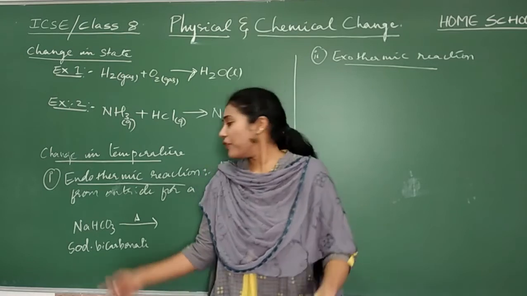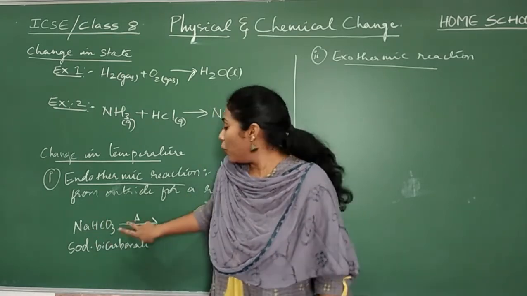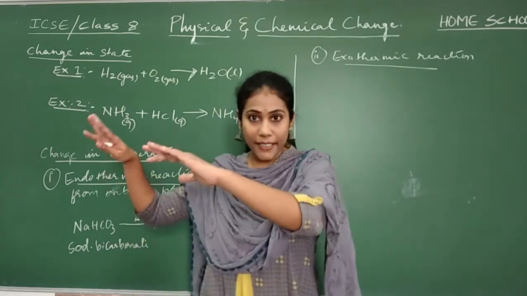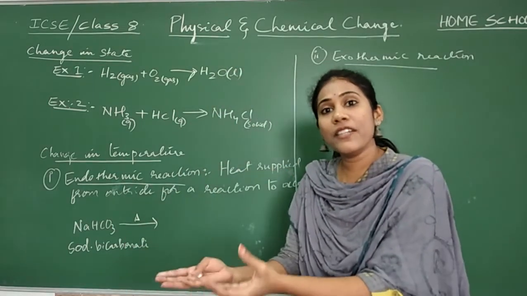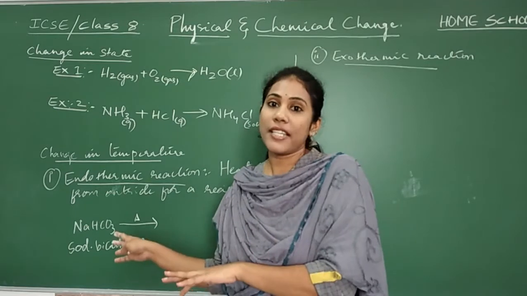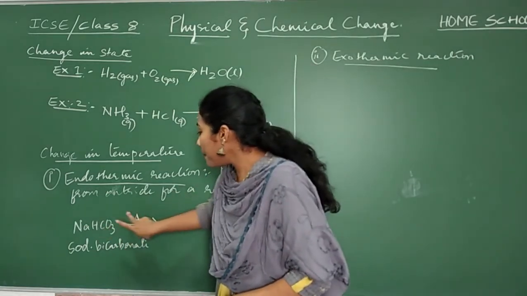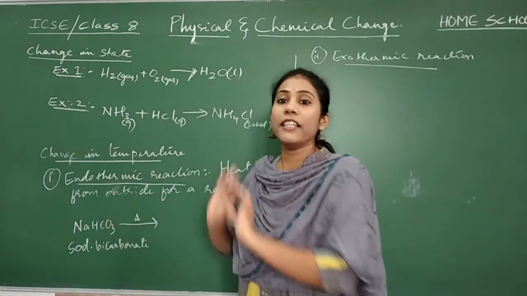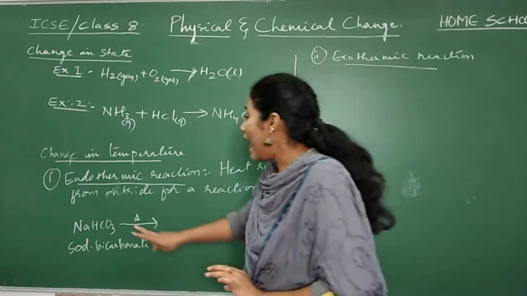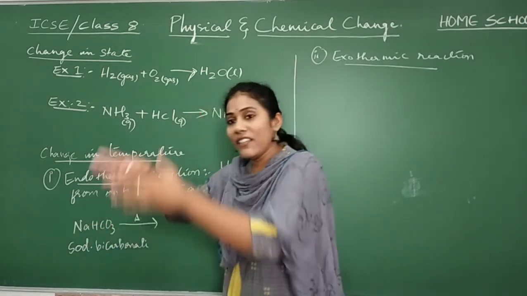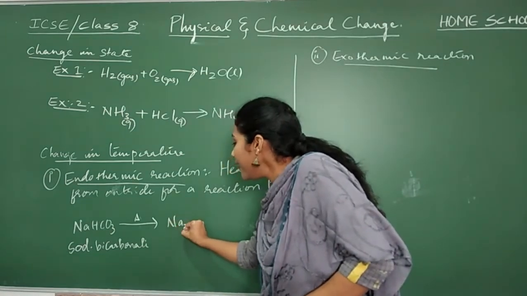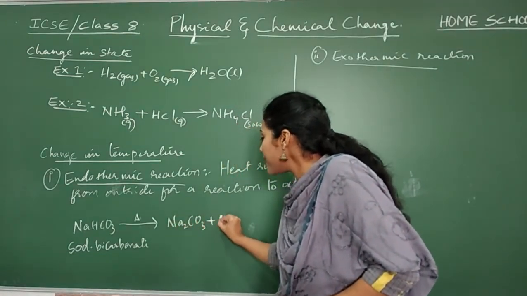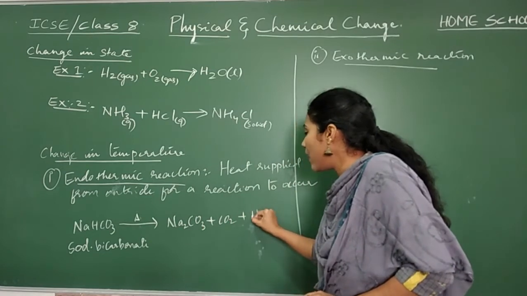How can you break this molecule? Only when you supply heat, only when you heat it. That means heat energy you are giving from outside. This is absorbing the heat that you are providing from outside. After absorbing, this will undergo breakage and you will get Na2CO3 plus carbon dioxide plus water.